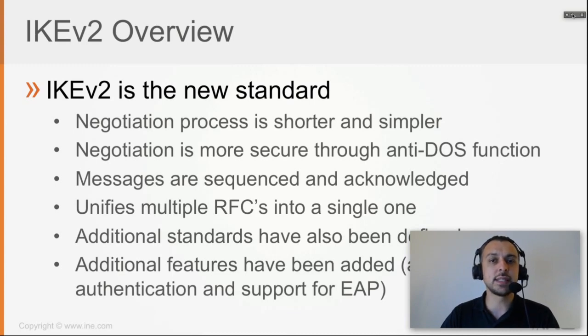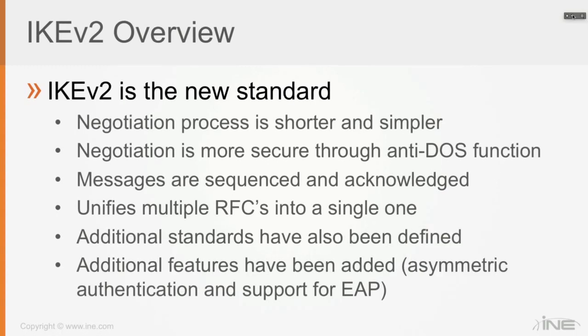In IKEv2, because nowadays we want scalability, they changed that around, and the VPN gateways can authenticate differently. One gateway can use pre-shared key authentication, and the other gateway can use RSA digital certificates. And they also added EAP support, which is another framework used in remote access VPNs to now have a standard method of authenticating the remote users, which in IKEv1 was not standard.